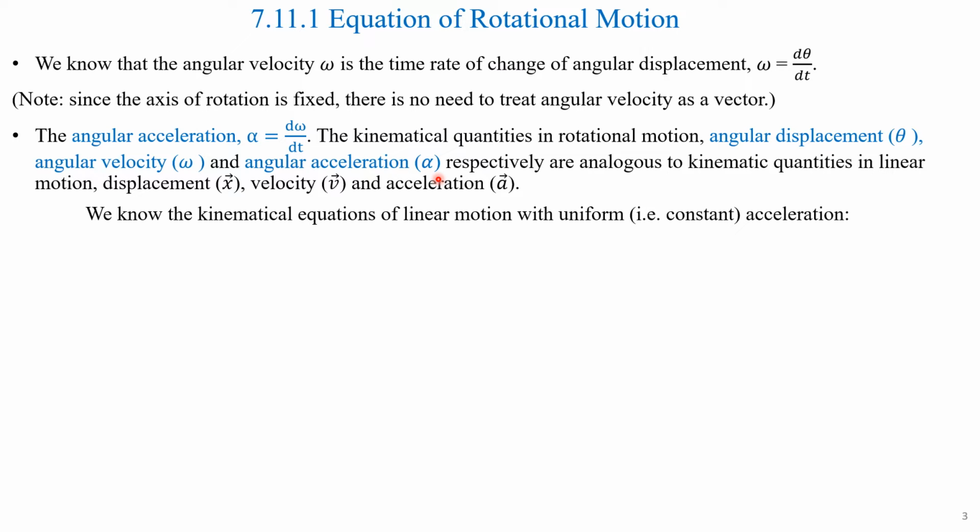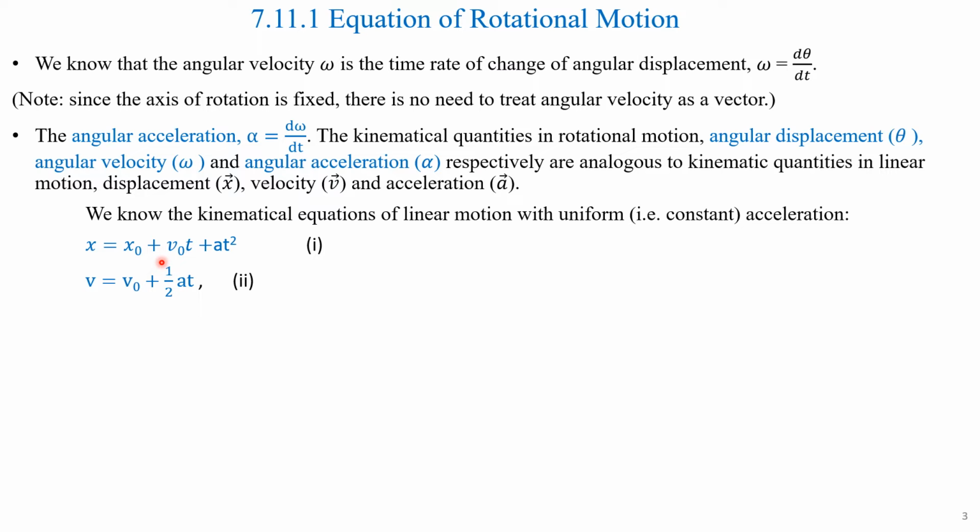We know the kinematical equations of linear motion with uniform acceleration are given by x is equal to x naught plus v naught t plus half at square. These are all our basic equations of linear motion. So there are three equations. Second equation is v is equal to v naught plus at.